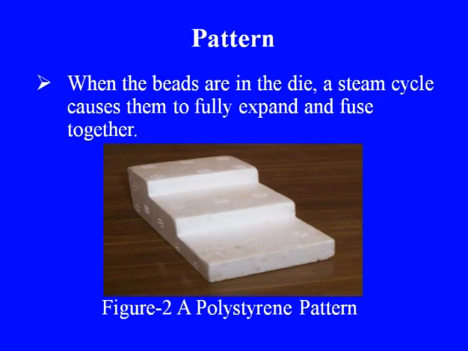They are blown into the die cavity to form pattern sections. This is a typical polystyrene pattern. When the beads are in the die, a steam cycle causes them to fully expand and fuse together, forming the pattern as shown here.